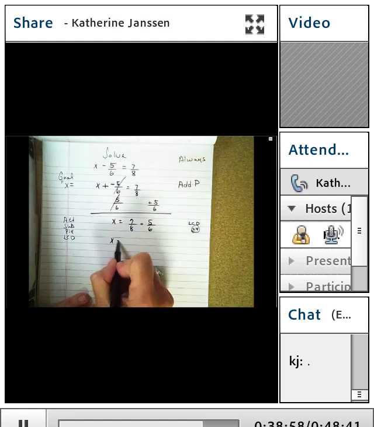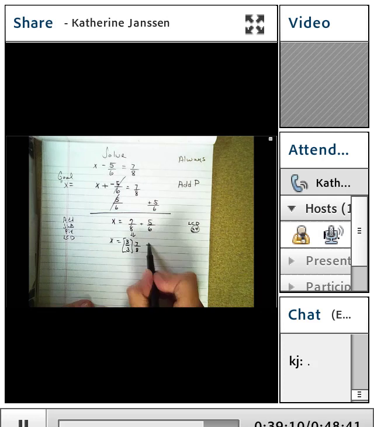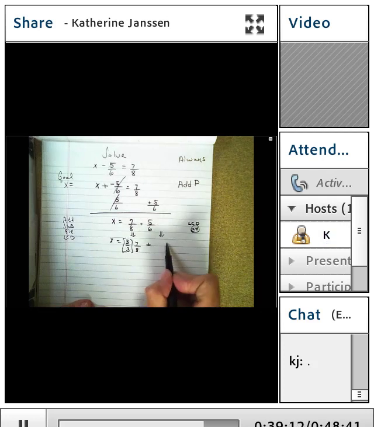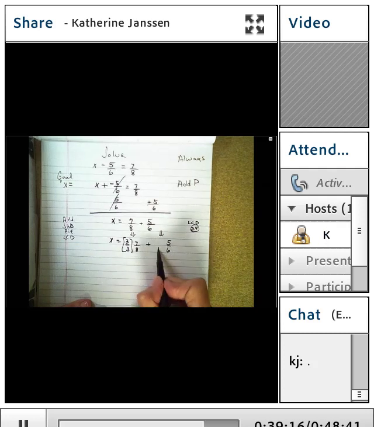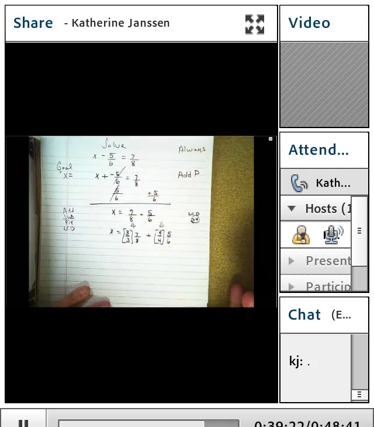We're going to convert eighths to 24s. So I have 7/8. 8 times 3. Multiply the numerator and the denominator by 3. Plus, we're going to convert 5/6 to 24s. 6 times 4 would be 24. So I'll multiply the numerator and the denominator by 4 as another name for 1. I'm not changing the value of these fractions.